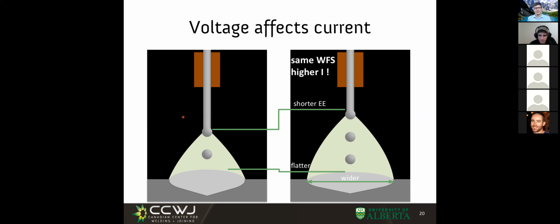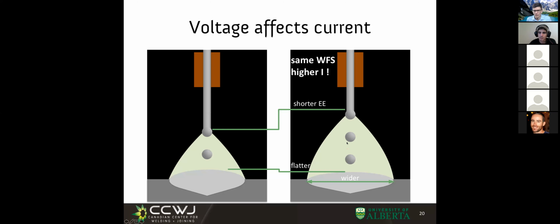If I increase the voltage, the arc has most of the voltage. So in my imagination, every time we talk about voltage, I assume that a change in voltage means only longer arc. It's not exactly true because the electrode stick out also plays a role. But if you say higher voltage, that typically means longer arc.